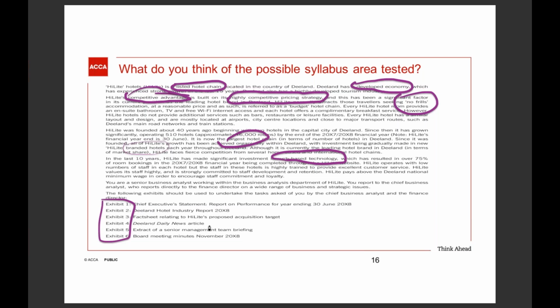Usually there will be background about this particular country. And they talk about an extract of a senior management team briefing. You might gauge that there must be certain information you may want to get from here, but from here you may not get any idea yet.